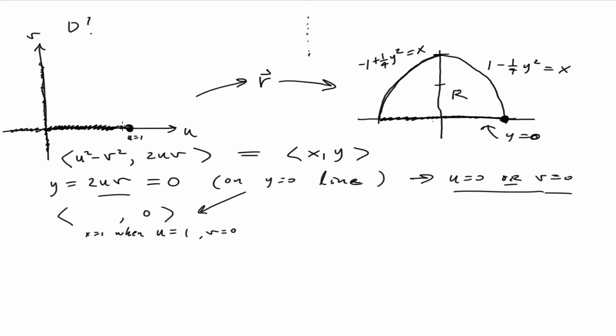So I'm actually going to put a little square around that to indicate those 2 points correspond. And anything on this line here corresponds to stuff going up to it. So I'm going to put 2 arrows there, and 2 arrows there. Now we want to check when u and v both equal 0, what point do we get? That's 0, and that's 0.